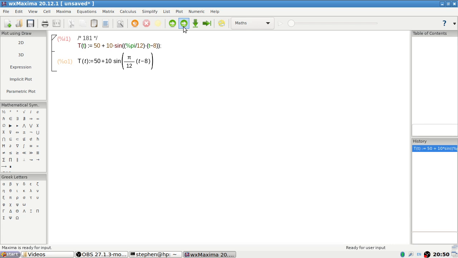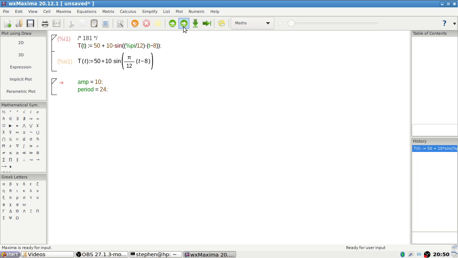Determine the amplitude and the period again. Okay, well, it's not much to do here. The amplitude is 10, and the period is 2 pi over pi over 12. So it's 24 hours. Right, 2 pi over pi over 12. So the pi's cancel. It's just going to be 2 over 1 over 12, which is 24. So there's no need for a calculator there.